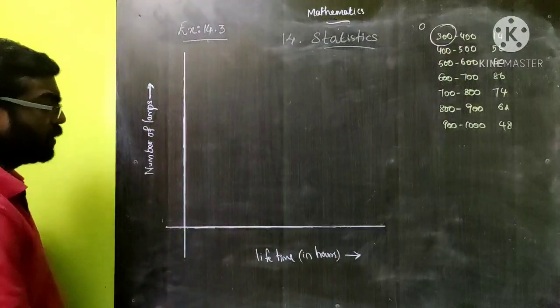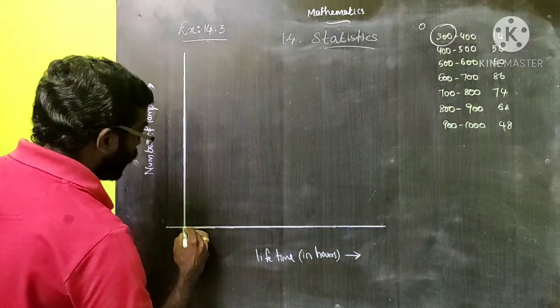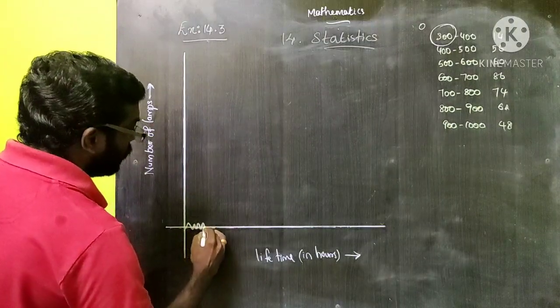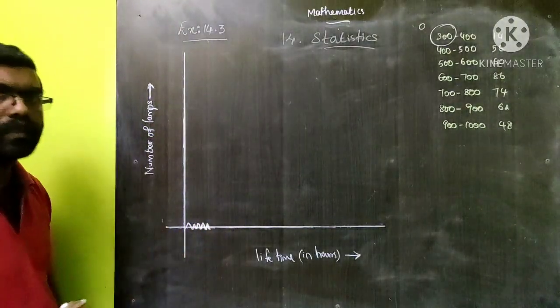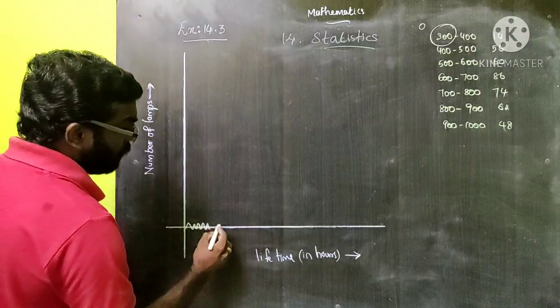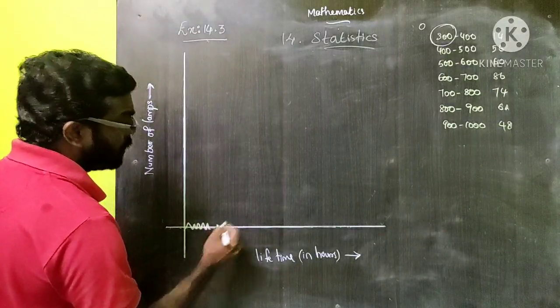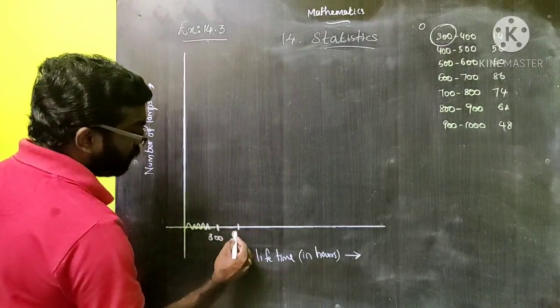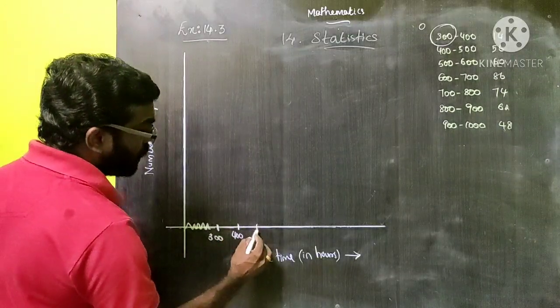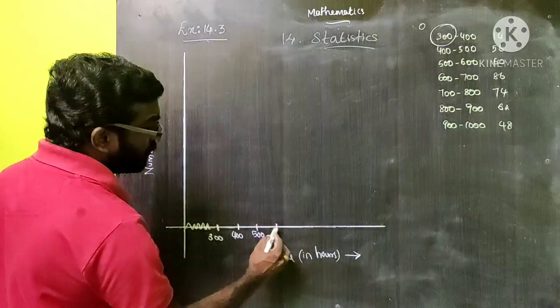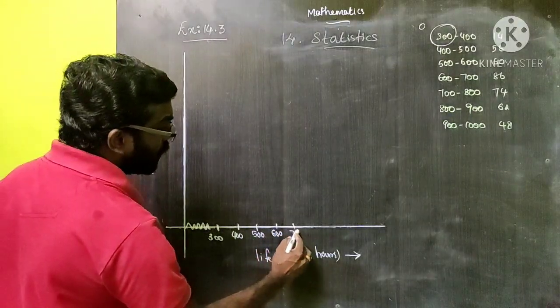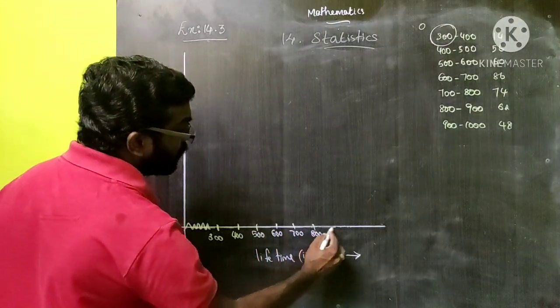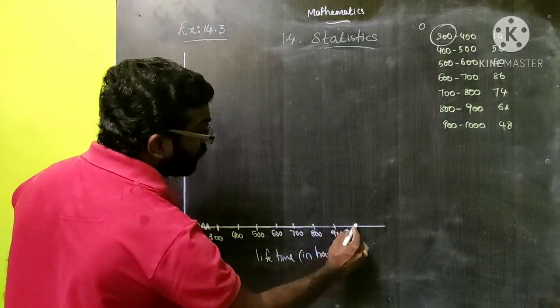So we have to show it on the graph by drawing a kink. We can mark a break like this, and after that we can start the first number 300. Then continuously we can mark 400, 500, 600, 700, 800, 900 and 1000.